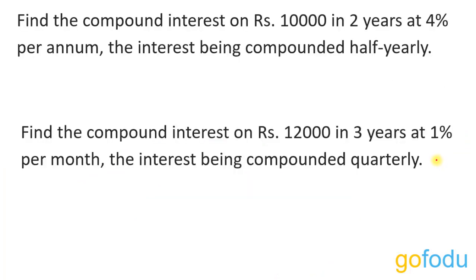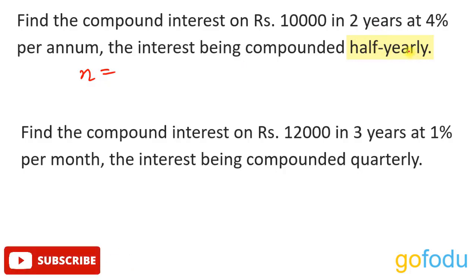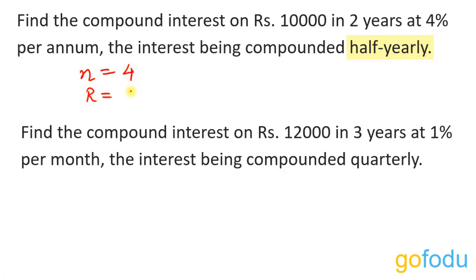Let's see how. Find the compound interest on rupees 10,000 in 2 years at 4% per annum interest rate, the interest being compounded half yearly. So compounding is done half yearly. Value of n would be, in 2 years, how many half years are there? In 1 year there are 2 half years, in 2 years there will be 4 half years. So n is 4 and rate of interest, it is per annum.